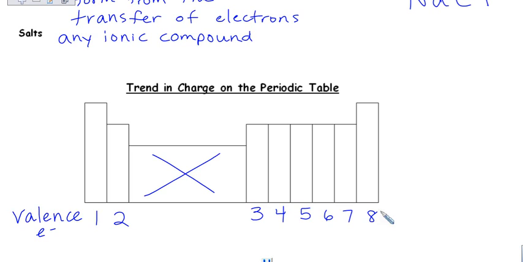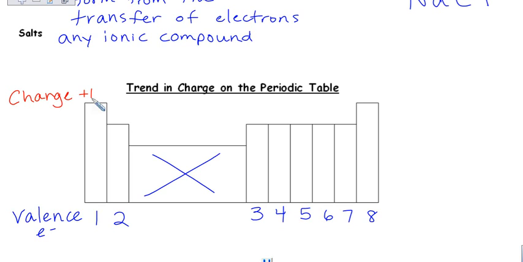Well, here's the trend with charge then. If all of the group 1 alkali metals have 1 valence electron, they'll all lose 1. They'll all have a charge of +1. If their choice is lose 1 or gain 7, they'll all just lose that 1 rather than gain 7.